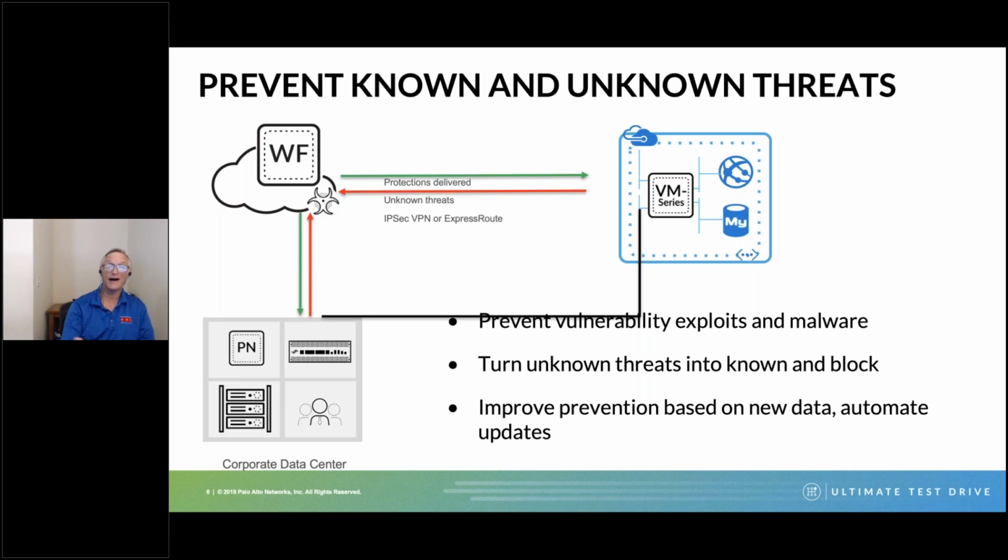And if the cloud says, no, I don't know, Palo Alto will then forward that file to the cloud. It will explode it, run it, see what happens, log every single thing that file does. If it does anything malicious, it will categorize it as malicious, and then send that update to all Palo Alto firewalls in the environment. Not just yours, but also in everybody's environment. So that's how Palo Alto takes the unknown threat and protects you and other customers against it.